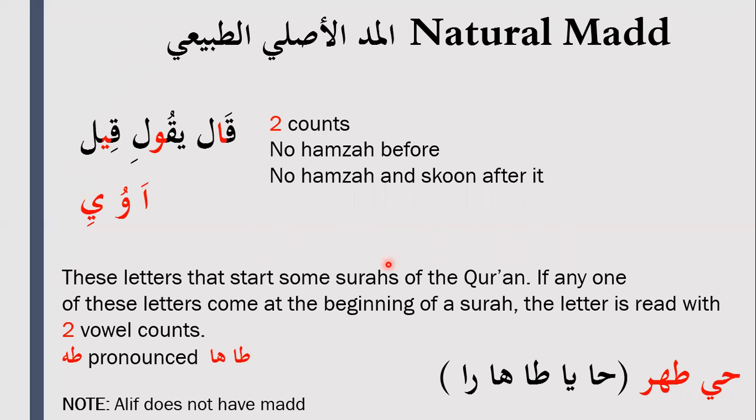So these are short, and the actual letters are the long vowels. There's no hamza before it, and there is no hamza and sukoon after it. There are other mud letters that are dependent upon, or conditional mud letters, due to the hamza or the sukoon. And inshallah, I'm going to discuss them in a separate video. But for this time, all we want to really do is focus on the letter of mud.